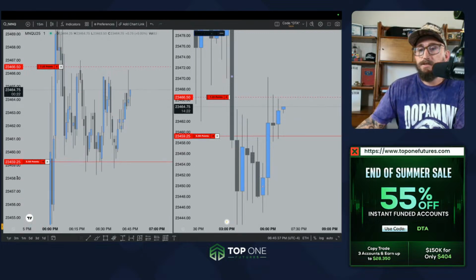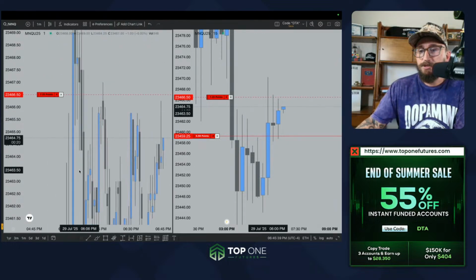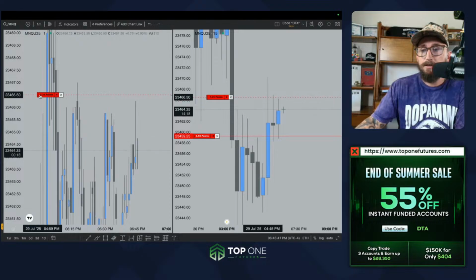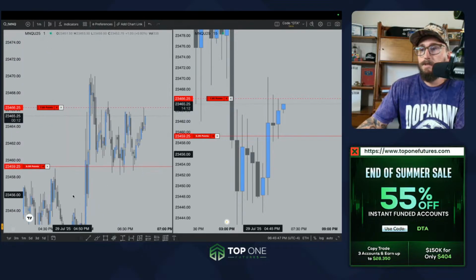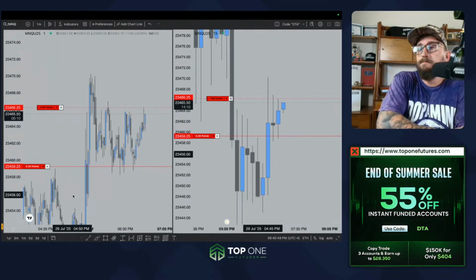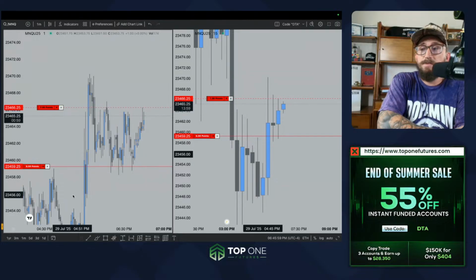Yeah, see, even like this, I'm going to trail it like 1 tick. Yeah. Yep. Just let it go. I want to be out of this trade. If it doesn't work, just keep tightening until you get out of the trade. That's how you mitigate.